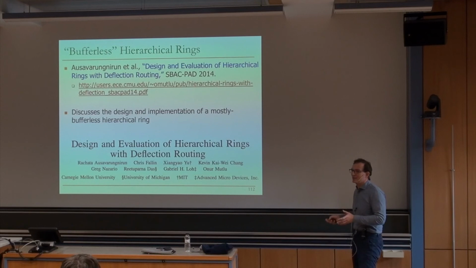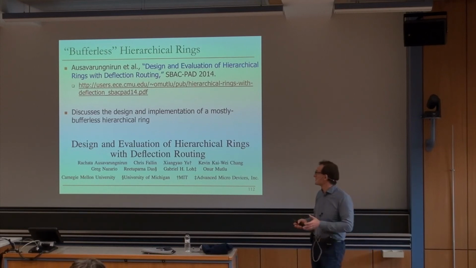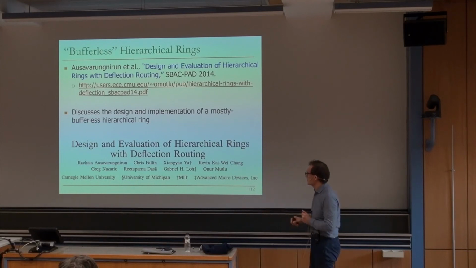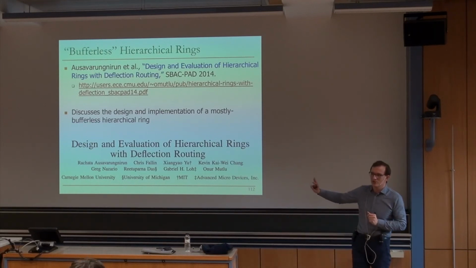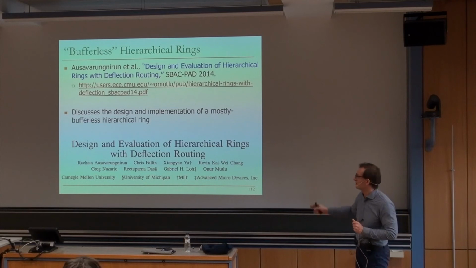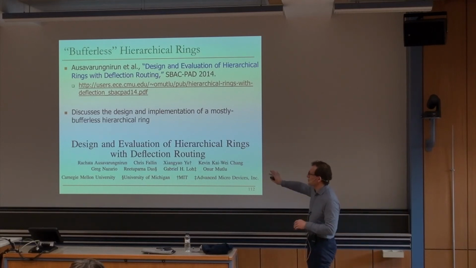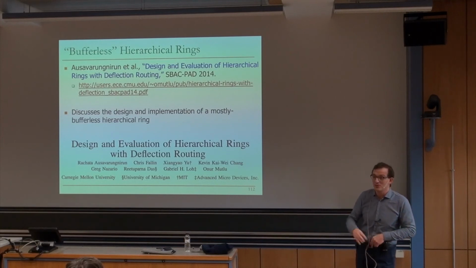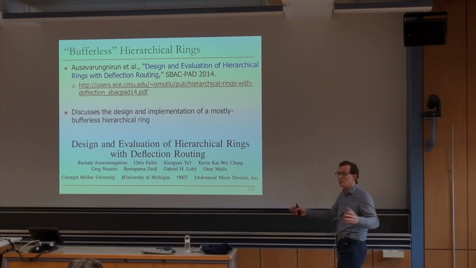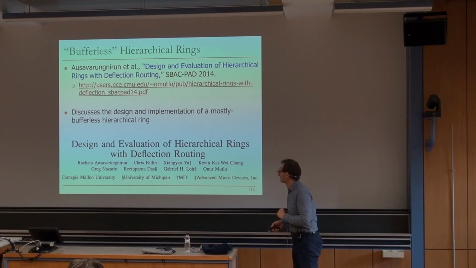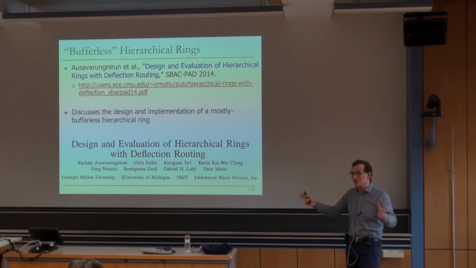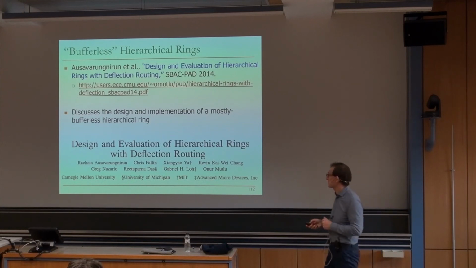So rings have less links. In that sense, there's a downside, but they also have less cost in deflection as well. And also it's very low cost. So if you want low cost, having hierarchical rings with deflection is a good idea. And this paper shows that if you have hierarchical rings with deflection, you can actually be much higher performance and more energy efficient than a buffered mesh design. Because as we discussed yesterday with hierarchical rings, your latencies could be much lower in a hierarchy of rings.